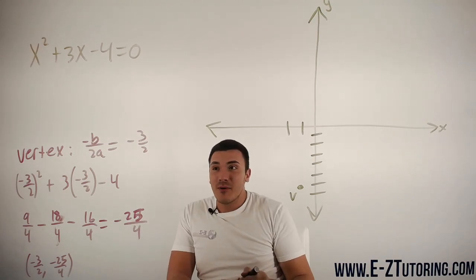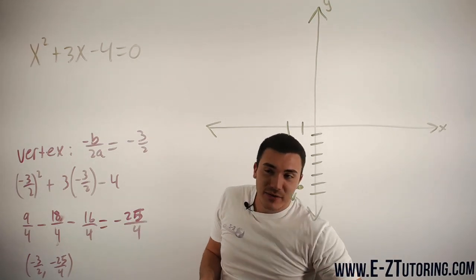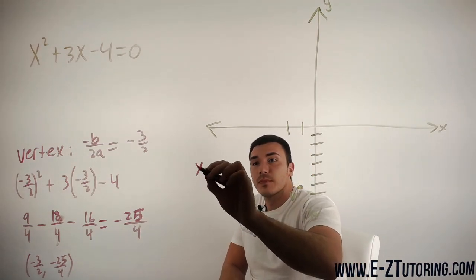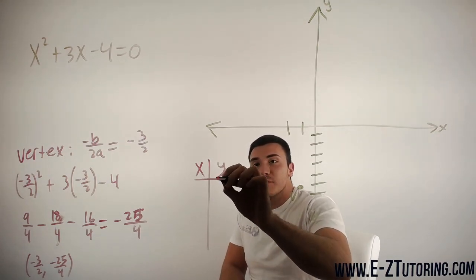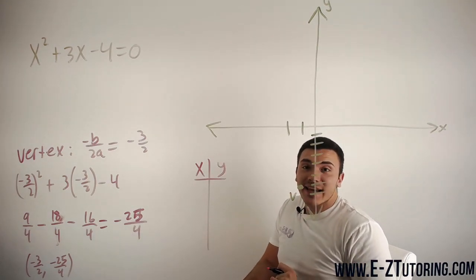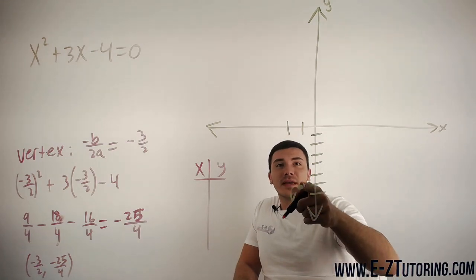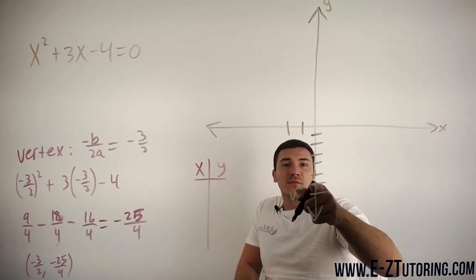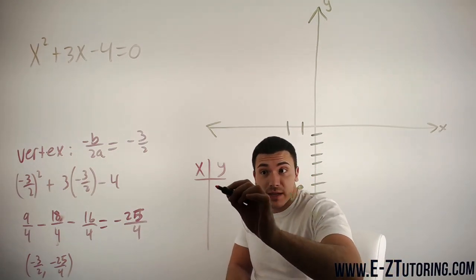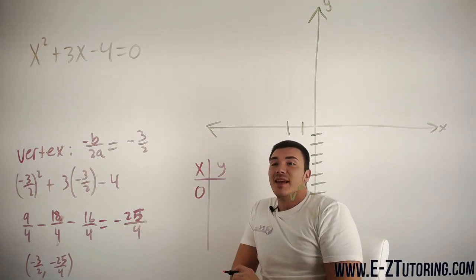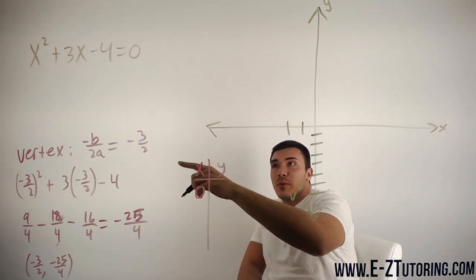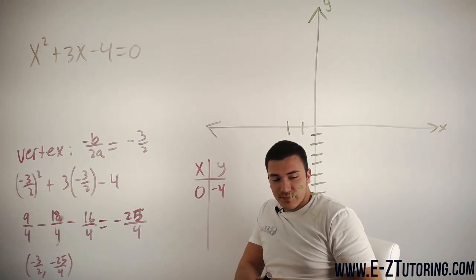So in order to do that, we just need some x, y values here. So all we need to do is plug into the left and right of the vertex. So we can go ahead and plug in, say, to the right of the vertex, we could plug in 0. That's a pretty easy number to plug in. We have 0. When we plug that in, we get negative 4.